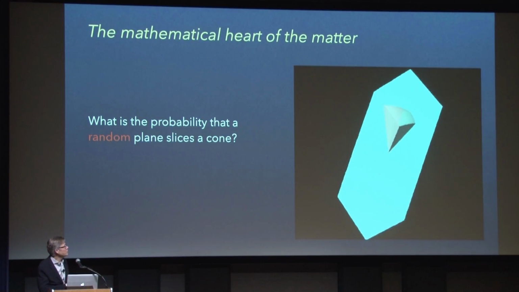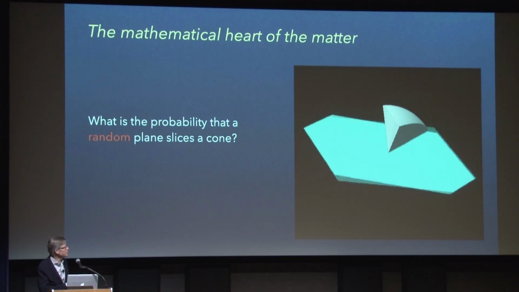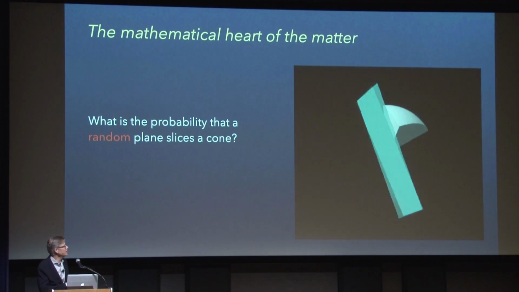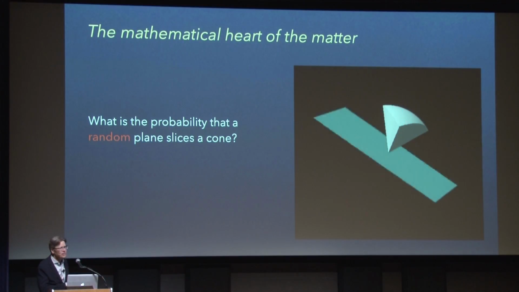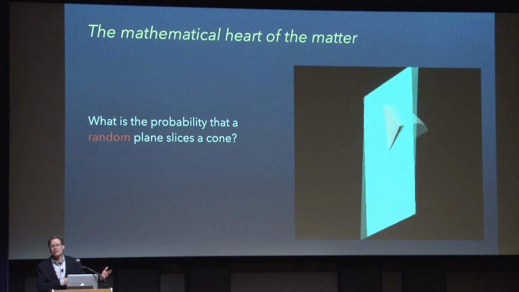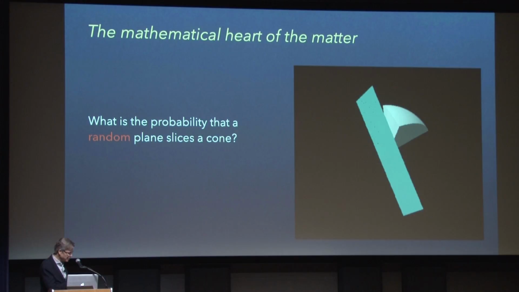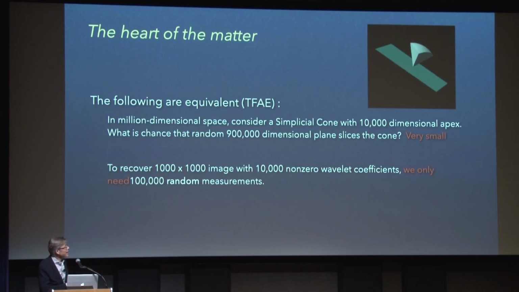So just to make that point clear, we have an animation showing some of the different positions that you might have. Here it's missing, here it's slicing. So you can see there's a lot of positions that offer either of those two possibilities. As it turns out, mathematicians are people who show that one thing is equivalent to another despite the fact that you may not believe it to begin with.